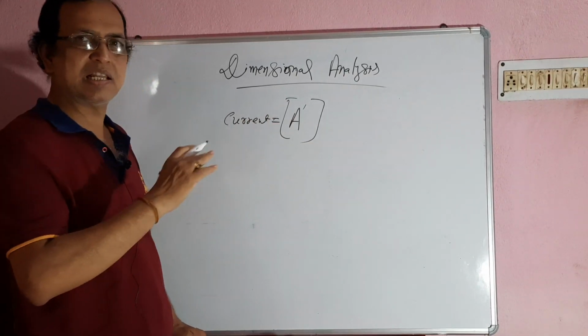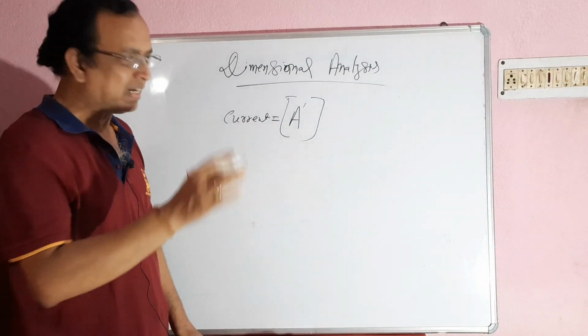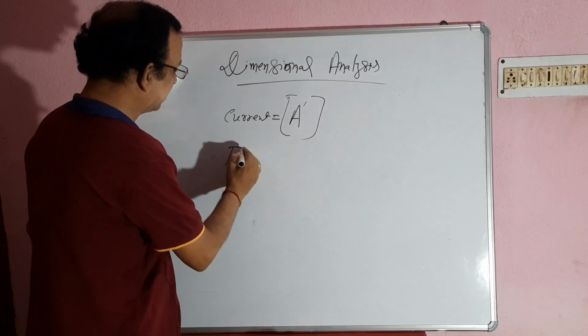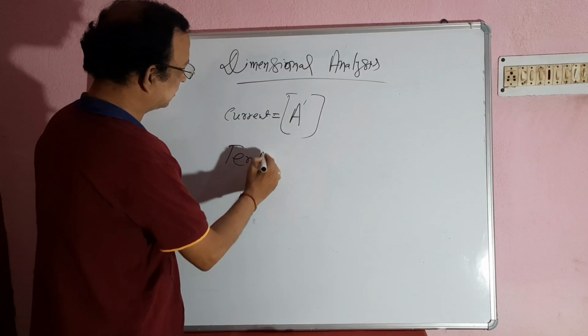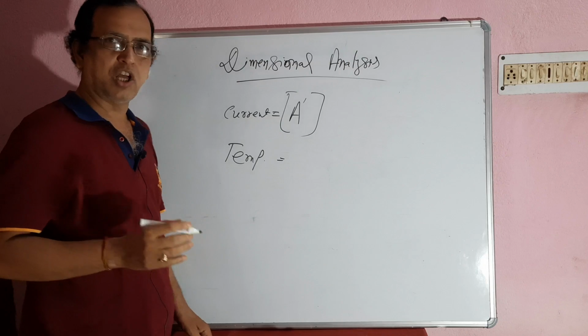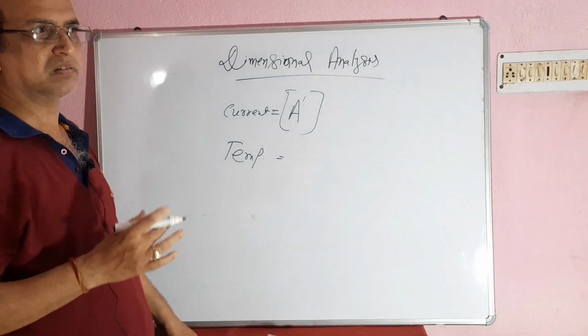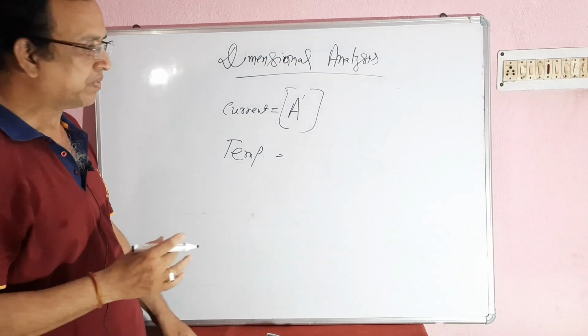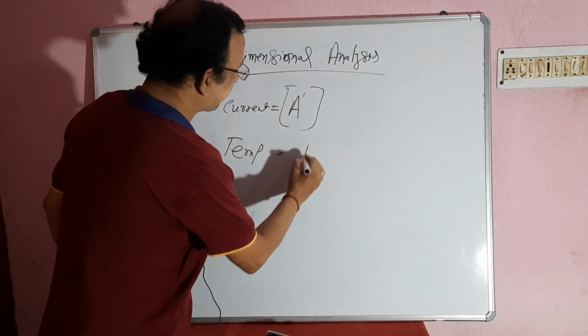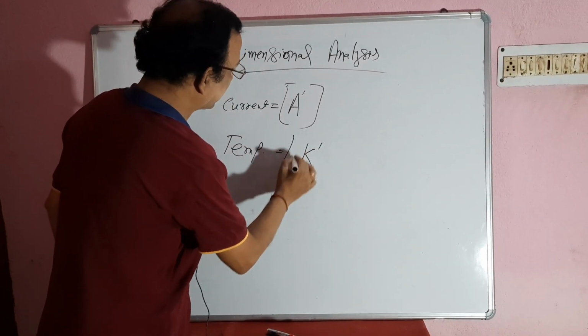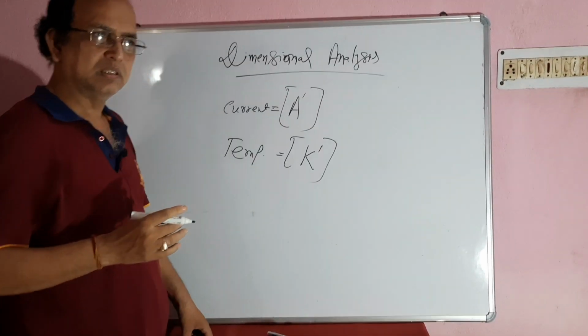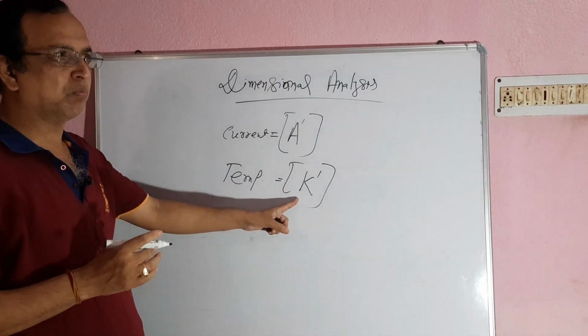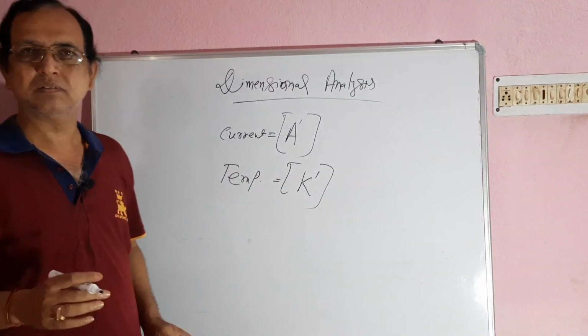There is no mass, no length, no time. Like this, temperature. The unit of temperature is Kelvin. So Kelvin, first letter is K. So K1 is the dimensional formula of the temperature.